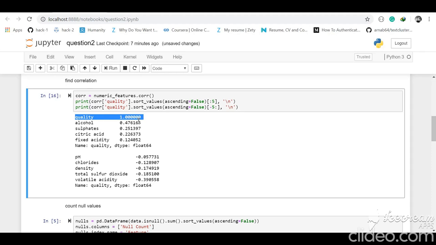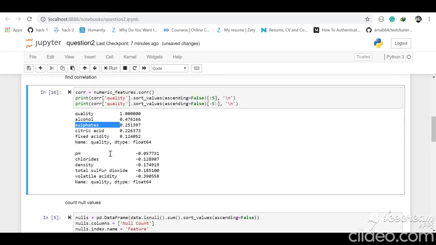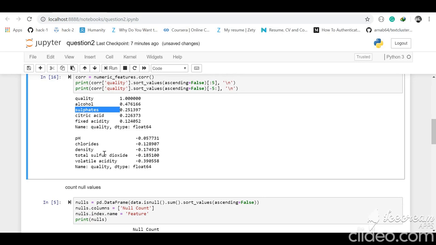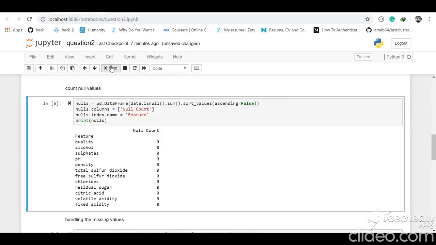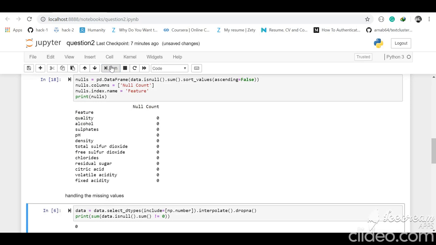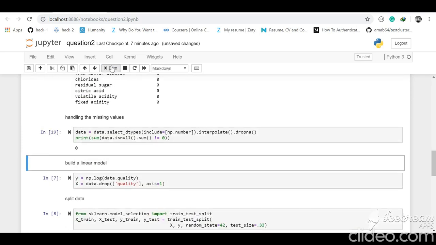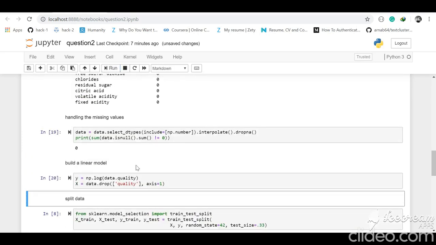So it's 100% correlated, and alcohol is about 47%, sulfates about 25%, citric acid 22%, and so on. Other data columns like pH and chlorides are negatively correlated. If you count the null values on the data columns, it's almost all zeros, and we'll handle the missing values and build a linear model.